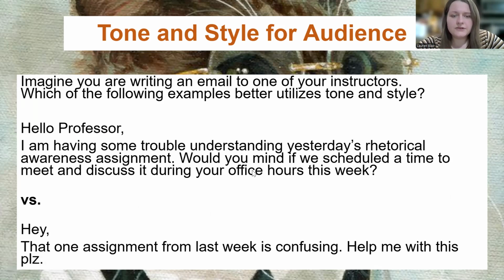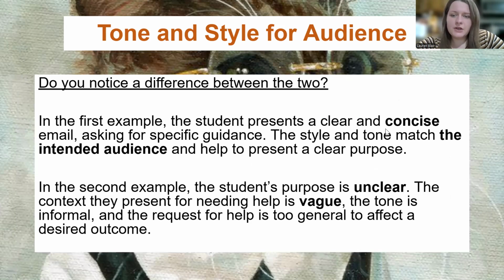You want to take a more professional tone when communicating with some people. Specifically, you want to be concise in more professional situations, and you want the tone to match the intended audience and present a clear purpose, as opposed to being vague or unclear and using, well, unprofessional ways of communicating.